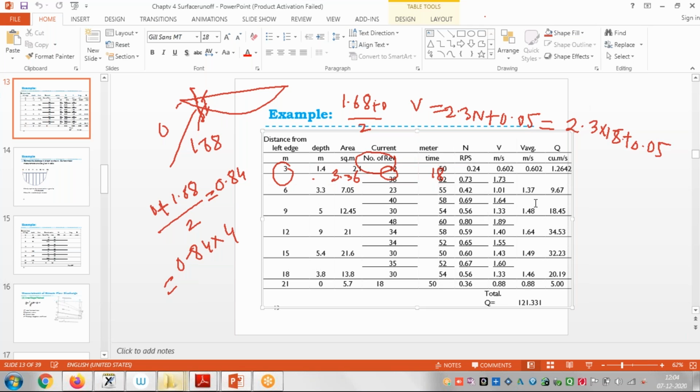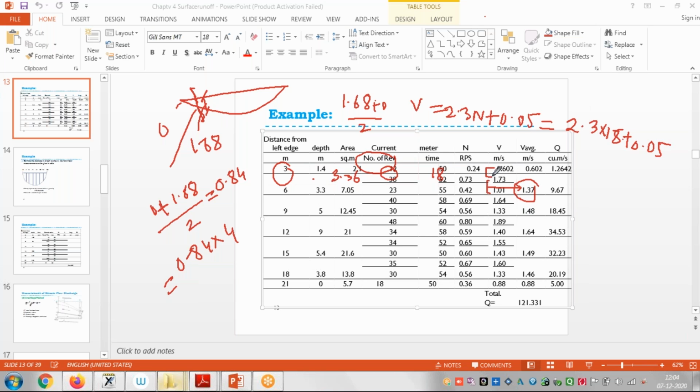So likewise, how is he taking 0.602 as the average, and here the velocity is taken as 1.37, that is 1.73 plus 1.01 divided by 2. How is this 1.37 calculated here? This 1.37 is the average of these two, right?